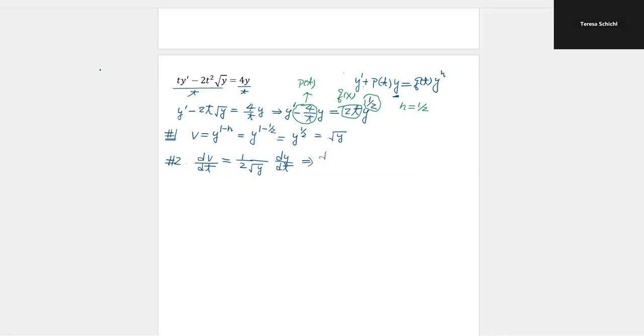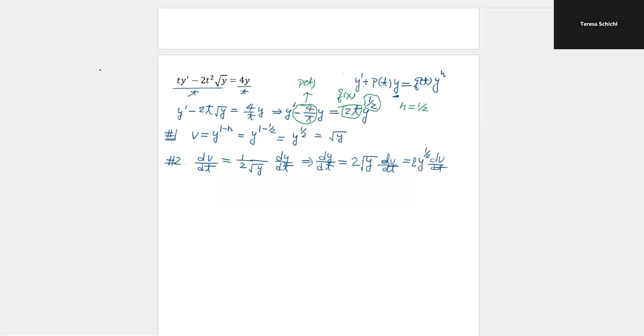I want to solve for dy/dt, so I multiply by 2 and by the square root of y to the other side. So dy/dt will be 2 times the square root of y times dv/dt, or 2y to the 1/2 dv/dt.